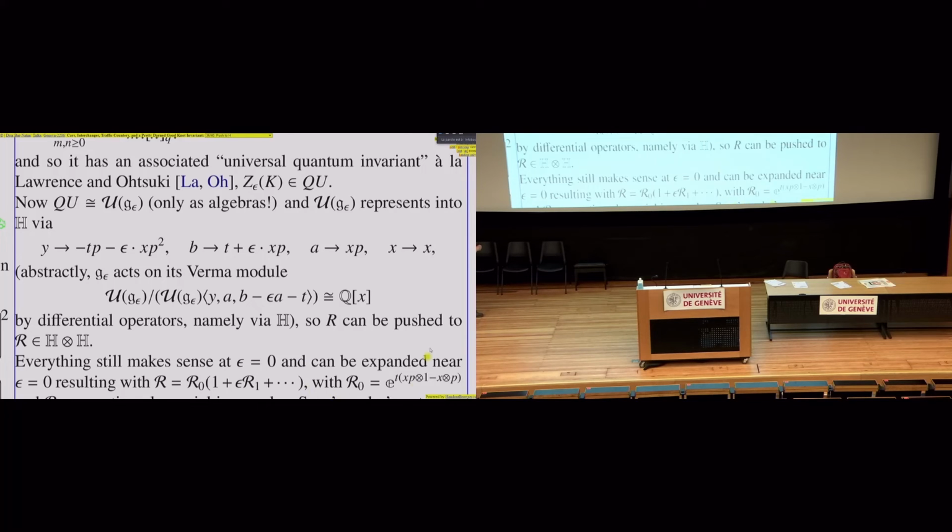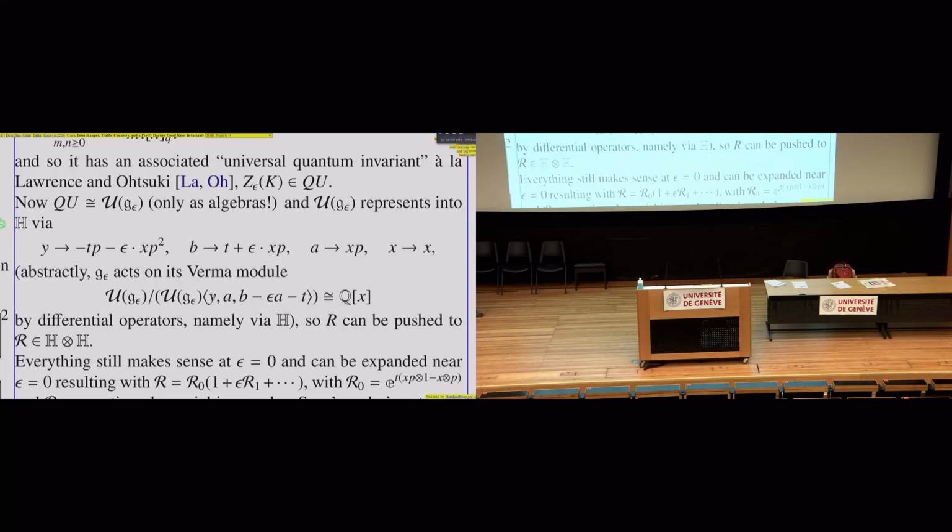So as algebras, QU is isomorphic to the universal enveloping algebra of SL2 epsilon. And the universal enveloping algebra has a faithful representation into a Heisenberg algebra, basically by studying some Verma modules.